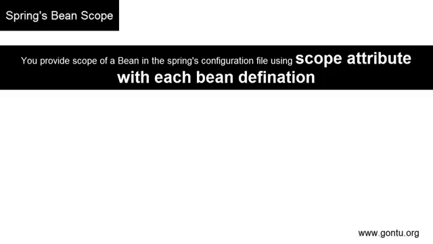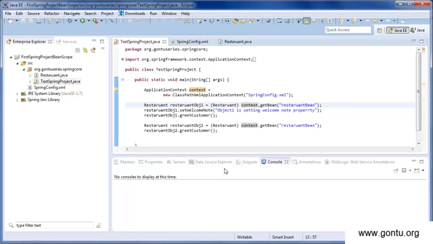Using this attribute's value as prototype, you can force Spring to produce a new bean instance each time one is needed, or just opposite to it. That is, using this attribute's value as singleton, you can force Spring to return the same bean instance each time one is needed. Alright, you will understand more with this demo.